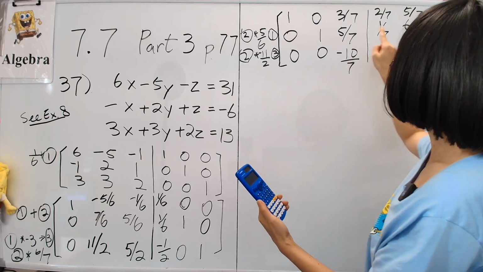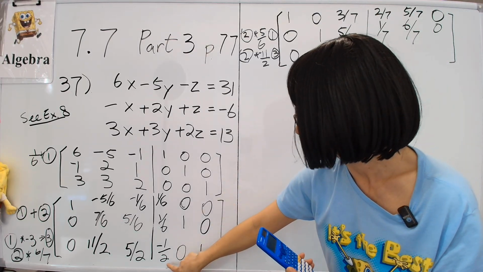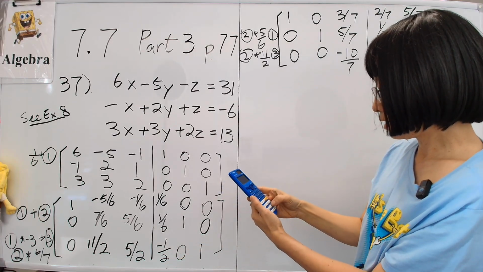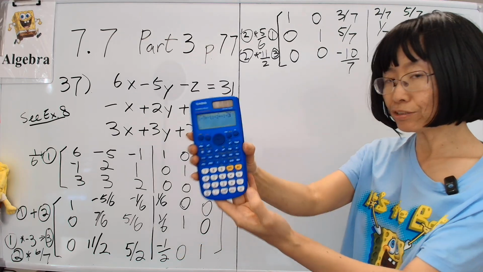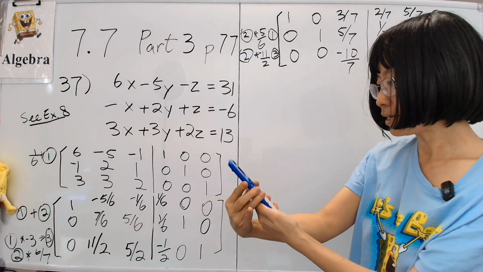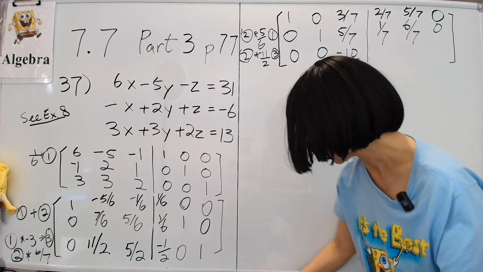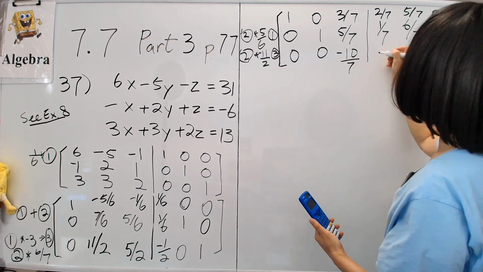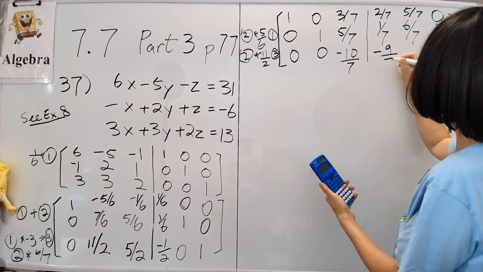Yeah, row 2 times negative 11 halves plus row 3. Here's row 2. This is row 3. And then plus negative 1 half. And that should be it. So let's see what it says. Minus 9/7. Is that right? That looks right. I'm doing fantastic. Well, it really helps when I type it into the calculator.